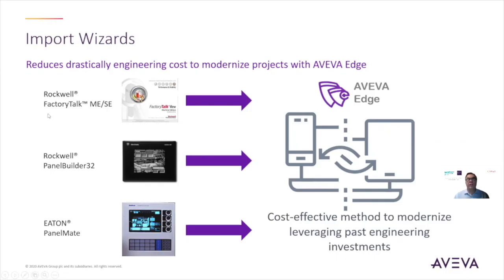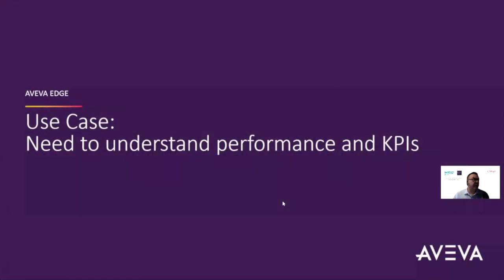So for example, if you brought in a FactoryTalk View application, it would look and feel like that, but then over time you can enhance that and not put too much stress on the operations staff or the maintenance staff, but then improve and take advantage of the features within AVEVA Edge. During the import, what ends up happening is you end up with a project that is truly an AVEVA Edge project, and you have native objects from AVEVA Edge and the ability to use those and enhance those way above and beyond the functionality of those other products.